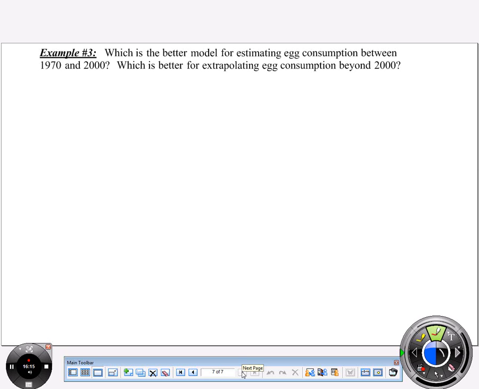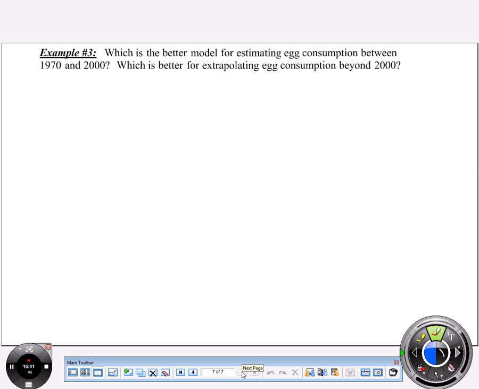What about the extrapolation factor here? If somebody wanted you to estimate egg consumption beyond the year 2000, but you only have data up to the year 2000, okay, first between linear and quadratic, what do you think you would choose? Okay, so what happens with the linear one? Yeah, and so, but quadratic actually grows faster than linear, okay?